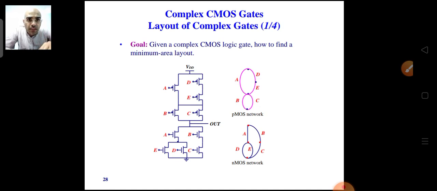Now let me explain that suppose this is your circuit and you want the stick diagram for this circuit. The very easy way is this.